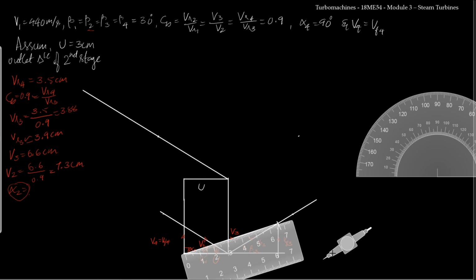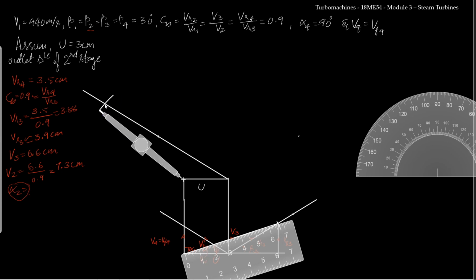Now I will take the compass, I will place it on the left end of U because I know the length of V2 as 7.3. Now I will increase the length to 7.3 centimeter. Then I will draw an arc here.